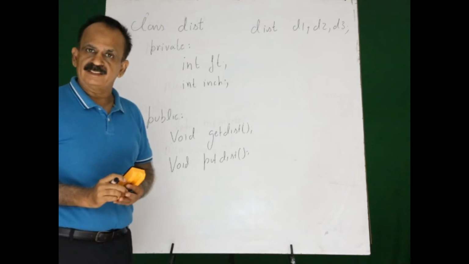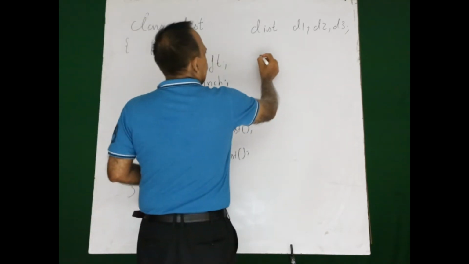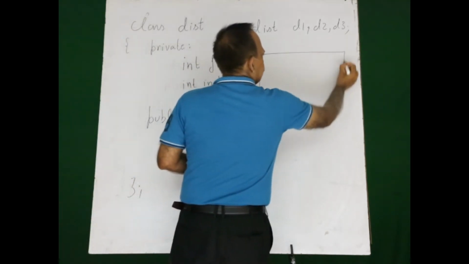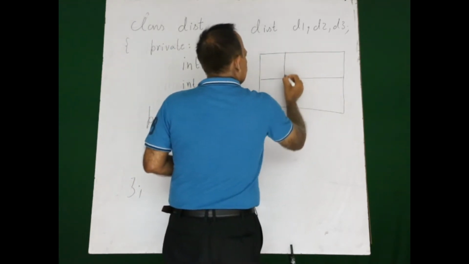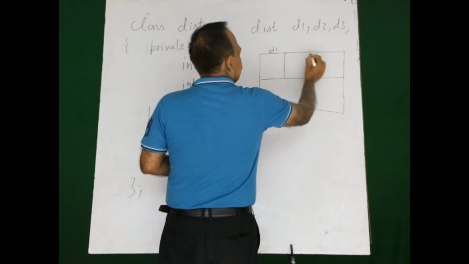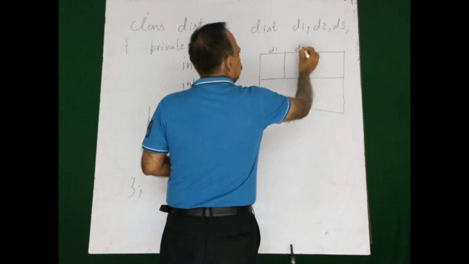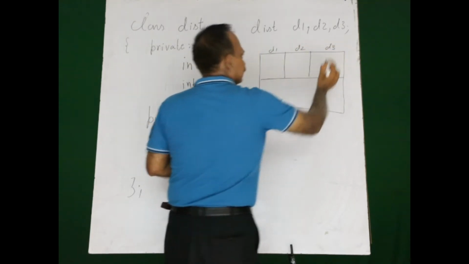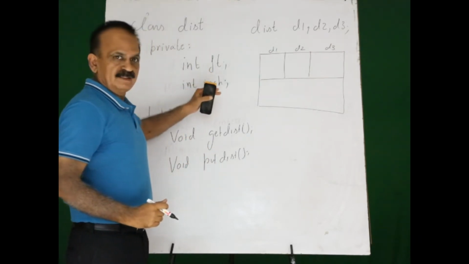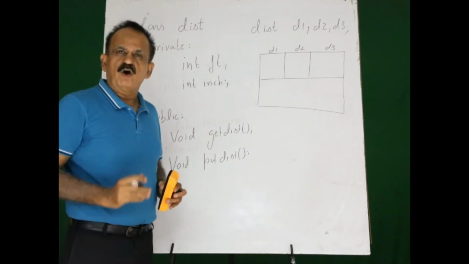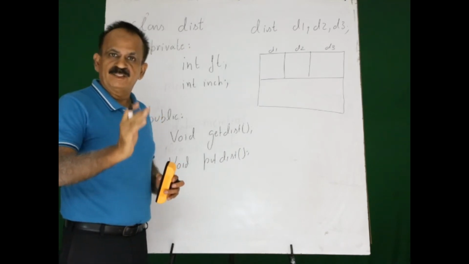How will these be created in memory? In memory there will be three distances: the object D1, the object D2, and the object D3. These data members will be created for each individual object.